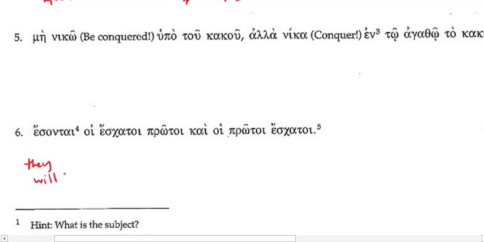Now the question will be, should we use "they" as our subject pronoun, or do we have an explicit noun or subject that we can use and omit "they"? Yeah, we might have an explicit subject. Hoi eskatoi. What case is hoi eskatoi?